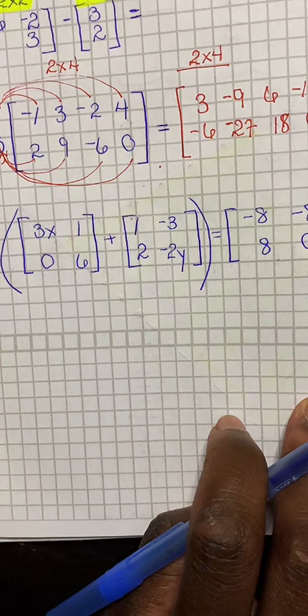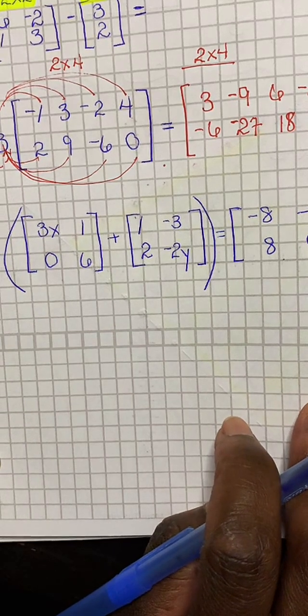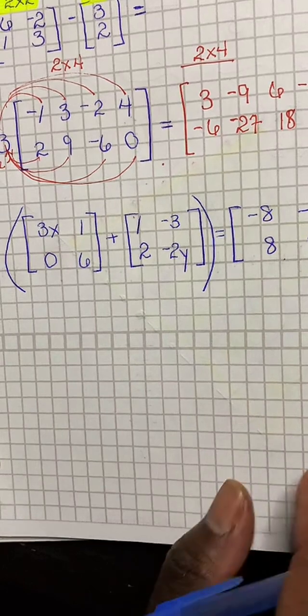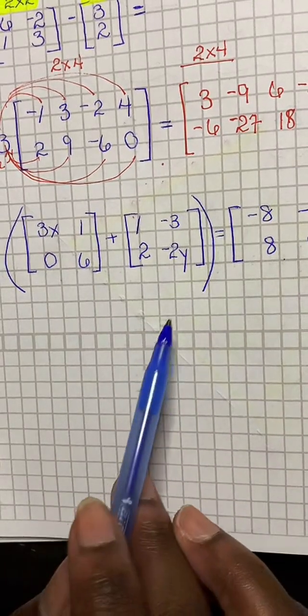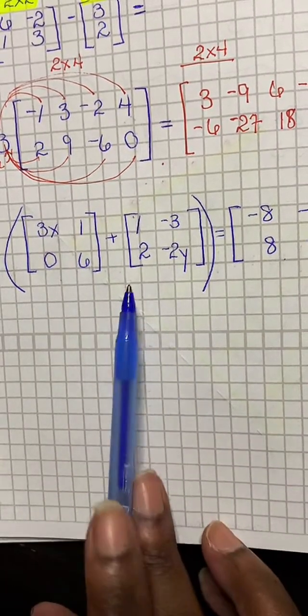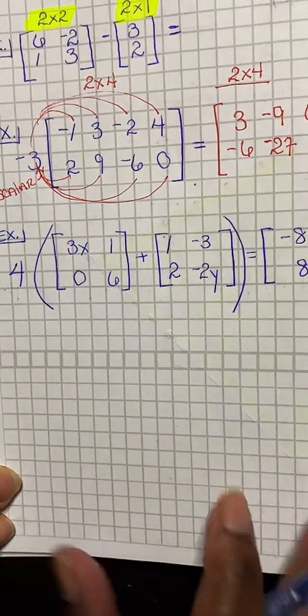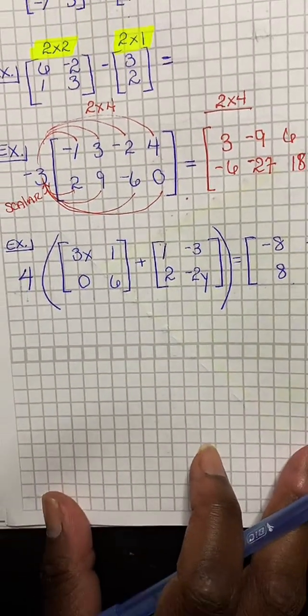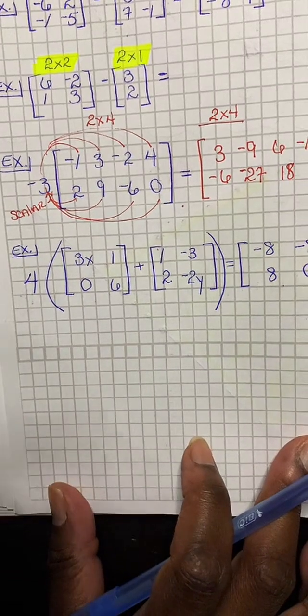So tonight we are working on matrices, adding, subtracting, and multiplying with a scalar. So this is what's happening. I'm going to see if I can get the whole problem in here.